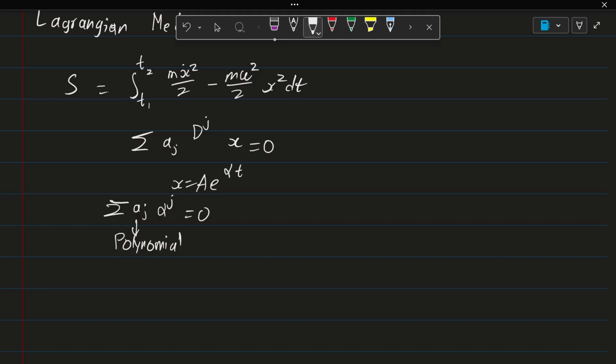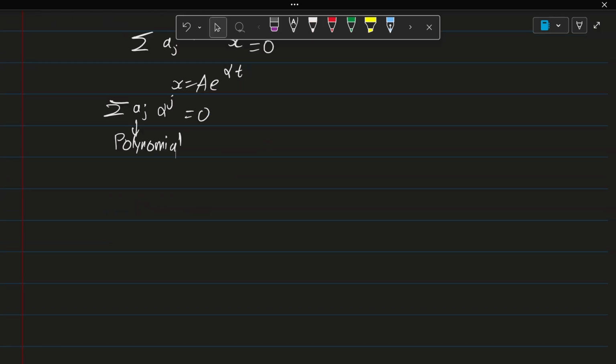But let's consider some examples. We could consider the degenerate cases in which alpha 1 and alpha 2 are the same. So let's try to observe what happens if these two alphas are very close together, but still separate.